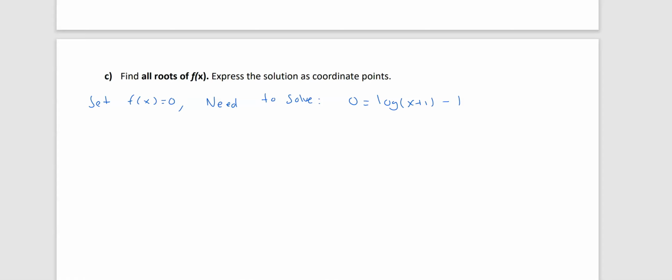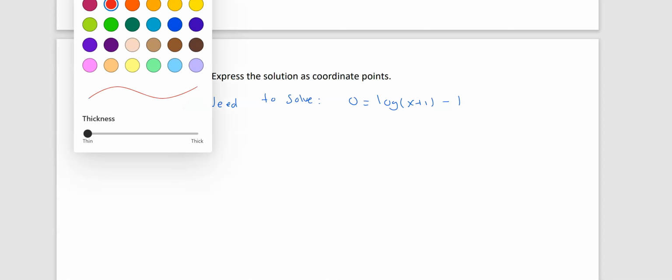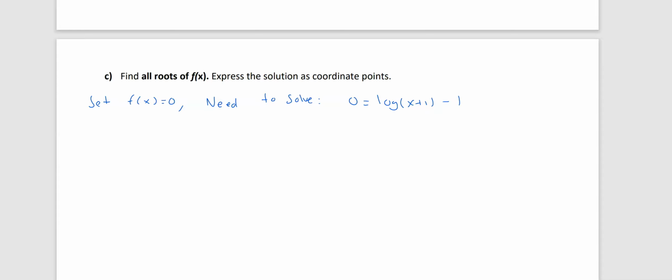So what I'm going to do is add the 1 to both sides. And then we're going to have 1 equal to the log of x plus 1.